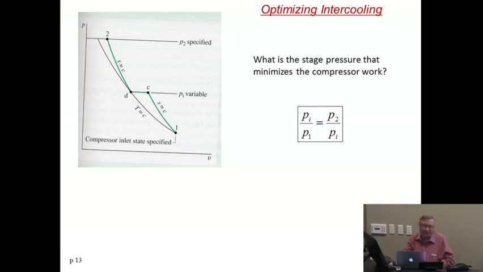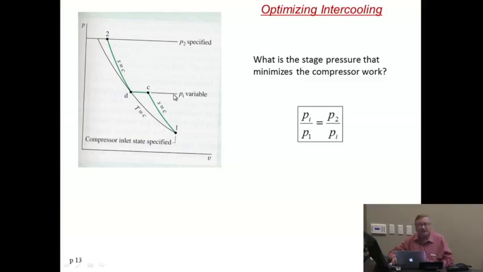Okay, now once again, we have to optimize the pressure at which we're going to locate this intercooler heat exchanger. So PC. Well, that again can be done using cold standard air analysis. So we're giving you an inlet pressure P1, and we're asking you to build us a compressor that will reach a pressure P2, and we can allow you to use an intercooler at some intermediate pressure Pi that you can pick.